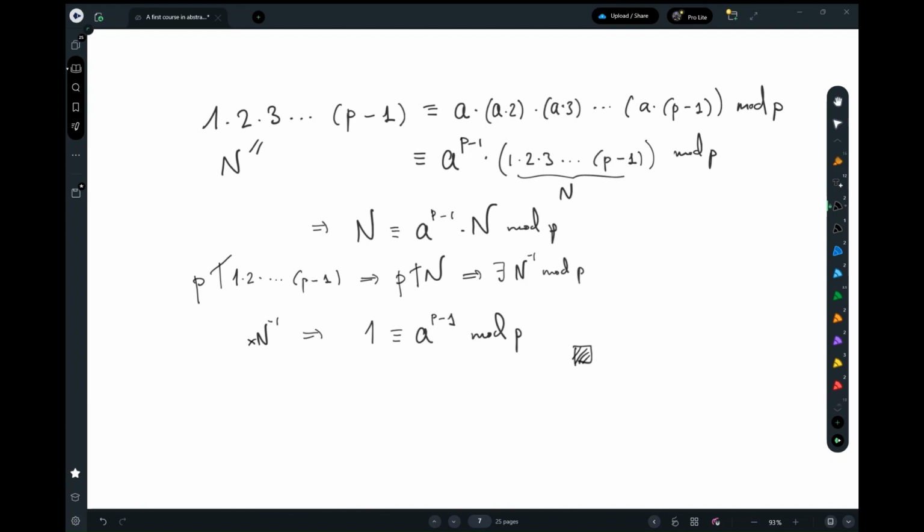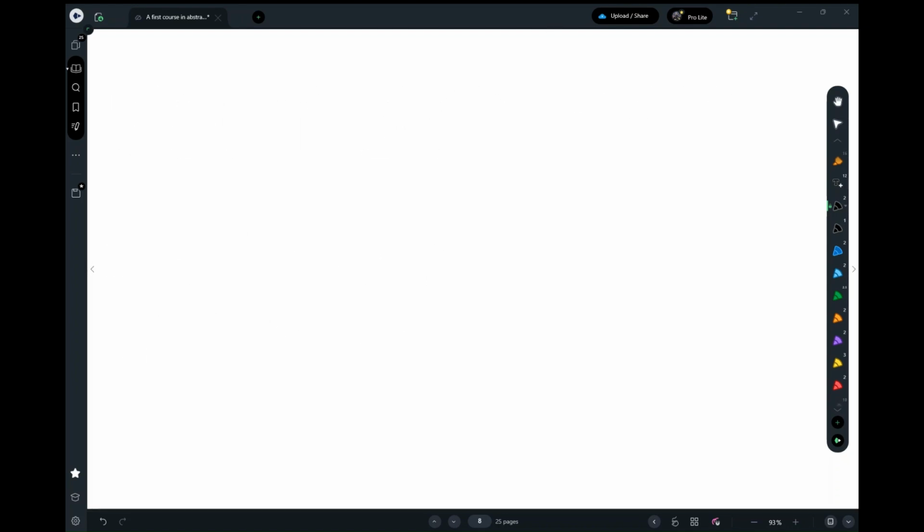Great. But I can do all of this, or I can now prove Fermat's little theorem using our abstract algebra methods. So I'm going to now prove Fermat's little theorem using abstract algebra. And in particular, what I'm going to use is Lagrange's theorem.